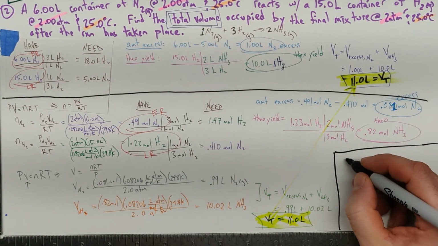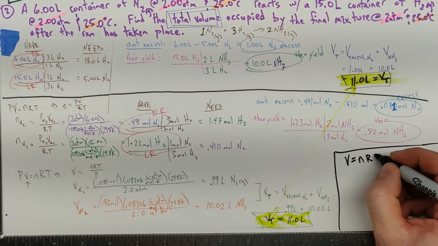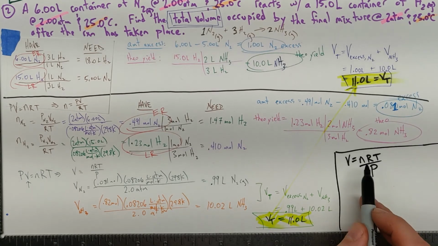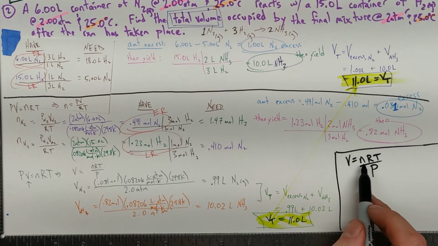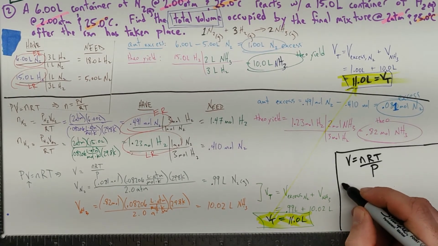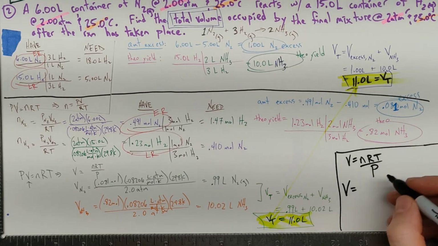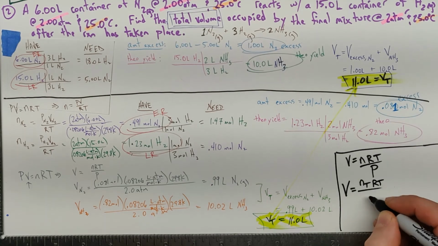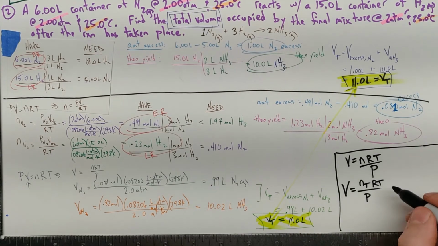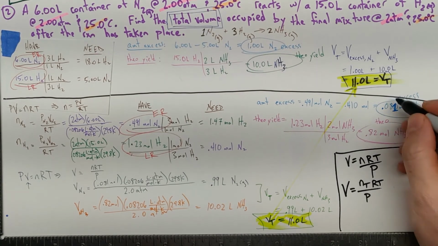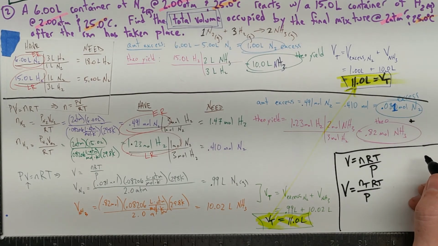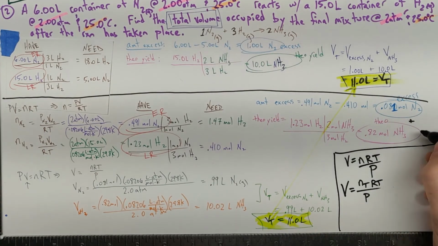We know V is going to be nRT over P. n doesn't matter as long as you know total moles. That's all that determines the volume. So our volume could have been total moles times RT over P. And our total moles would be the 0.081 plus 0.82, which is 0.901.